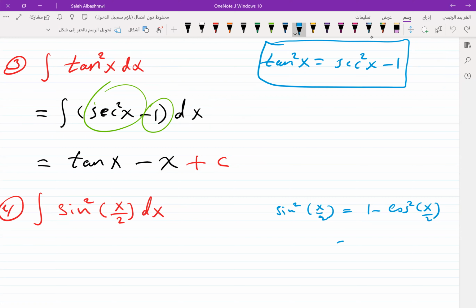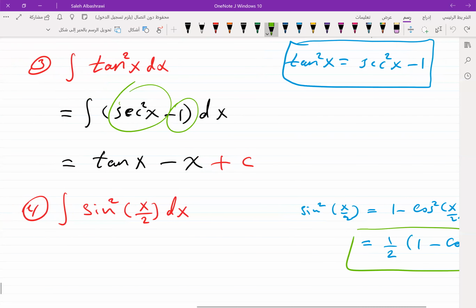Also, this one can be written as 1/2 of 1 minus cosine x, the half angle identity. Sine squared x over 2 equals 1/2 multiplied by 1 minus cosine x. This one will be easier to integrate.